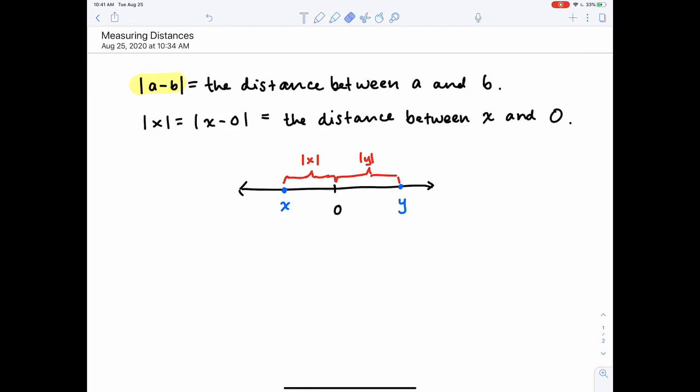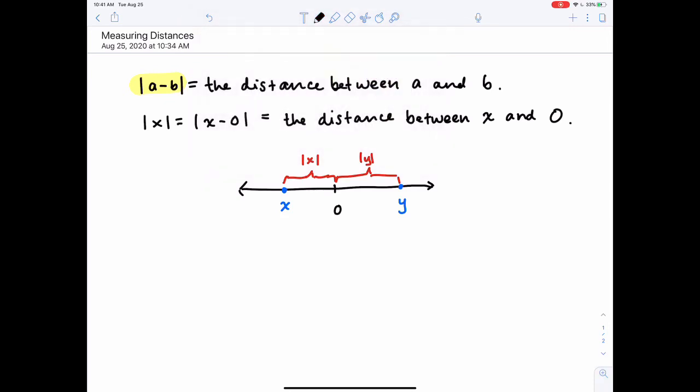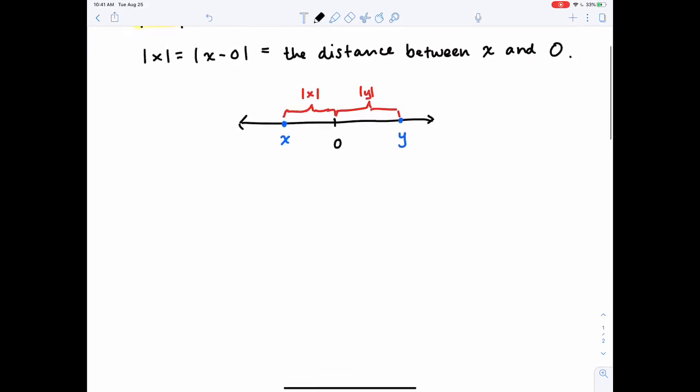Now, since we're going to be working a lot with algebraic expressions, it's helpful to have knowledge of certain rules about how absolute values behave. One of the main rules in this class that you're going to use all the time is the triangle inequality.